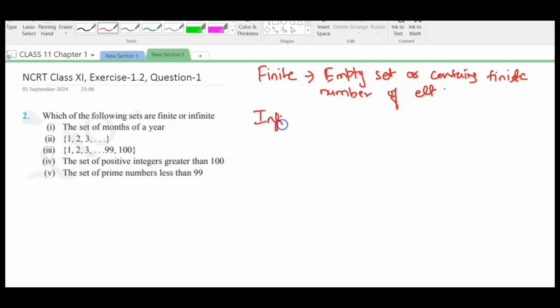Otherwise infinite. Okay, so let's solve this. Let's solve the first part.